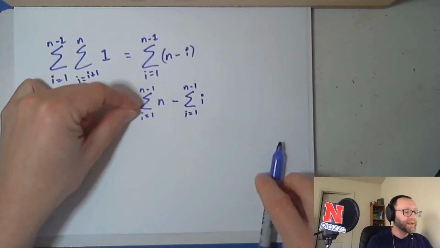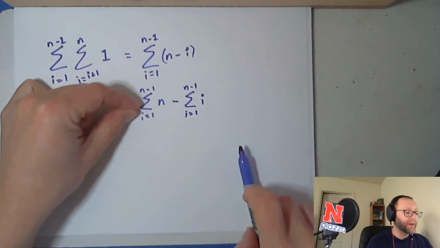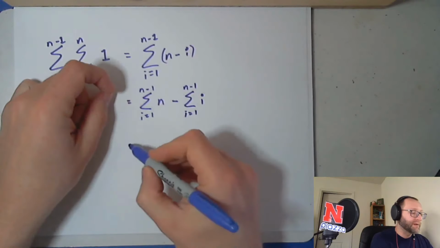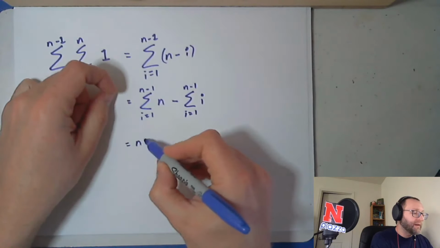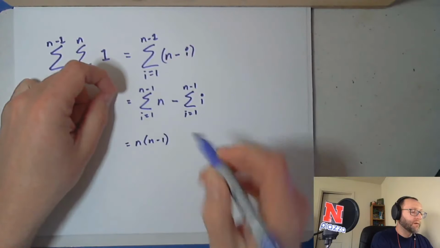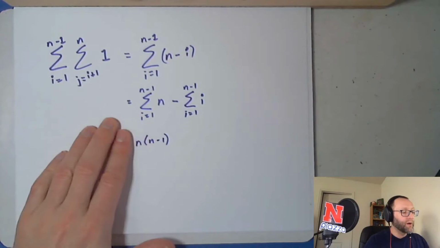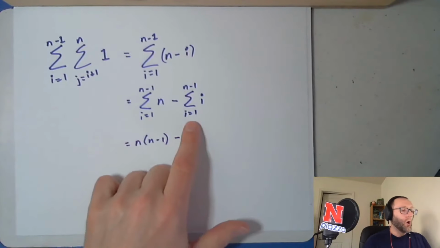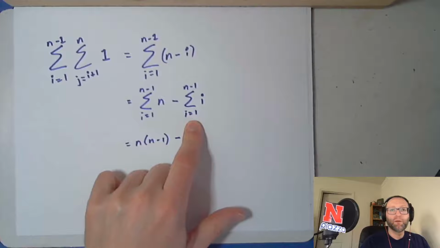This one's pretty easy. It's n plus n plus n plus n. How many times? Well, you do it 1, 2, 3, all the way up to n minus 1. So this is going to be n times n minus 1. Because there are n minus 1 n's, and so that's just a simple multiplication at that point. Hopefully, you recognize this from last week. This is Gauss's formula, exactly as it was from last week, in fact.